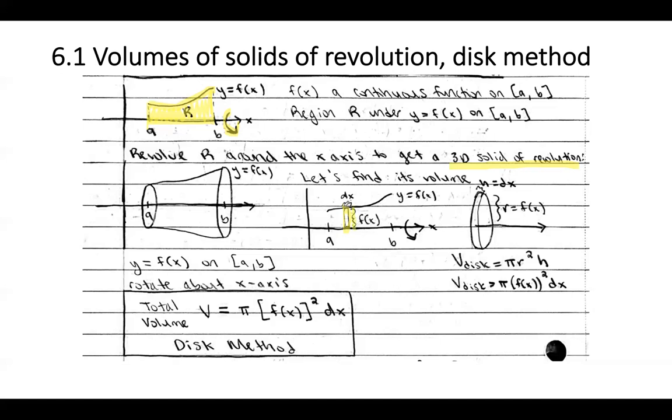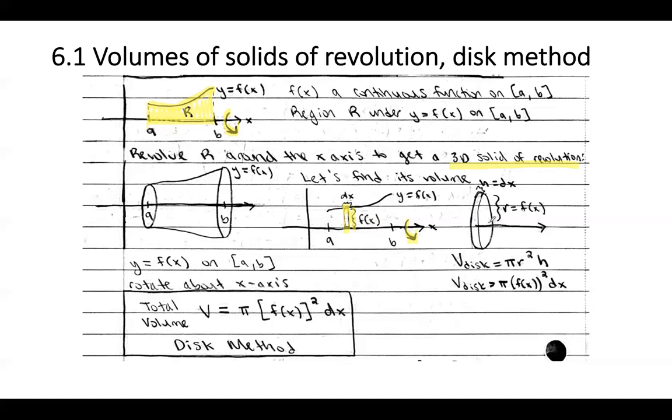And here we'll have our dx. And I know this looks like it has some large width, but really this is our dx. This could be any size, just some small sliver. And we're going to revolve around the x-axis. So instead of revolving our whole section R, we're going to revolve our disk that we just created.